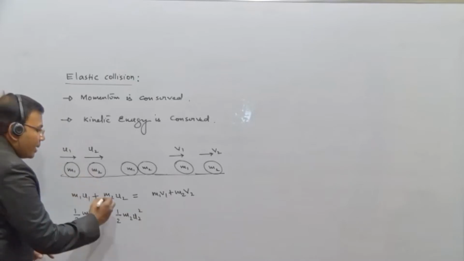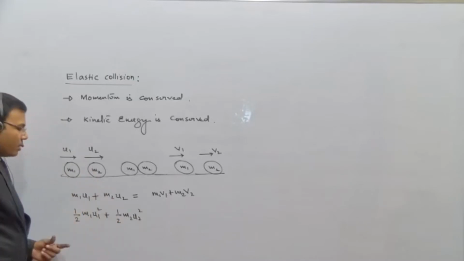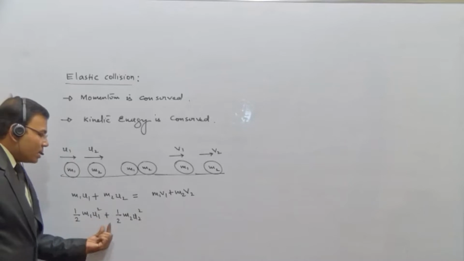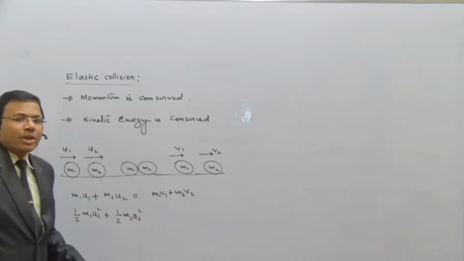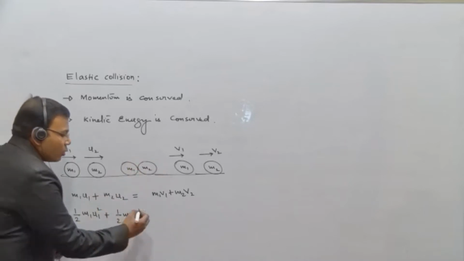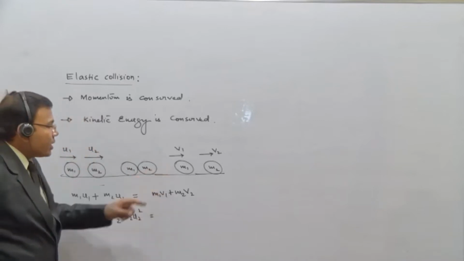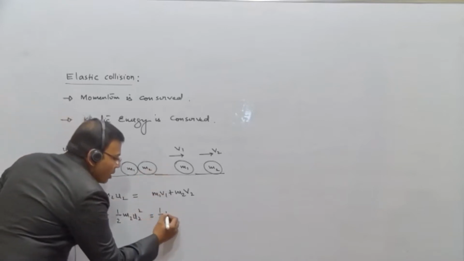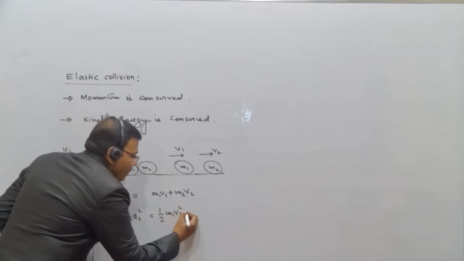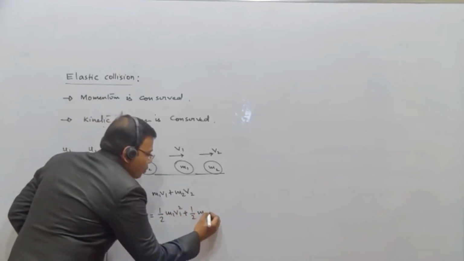The total kinetic energy is half m1 u1 square plus half m2 u2 square. That must be equal to the total kinetic energy after collision, which is half m1 v1 square plus half m2 v2 square.